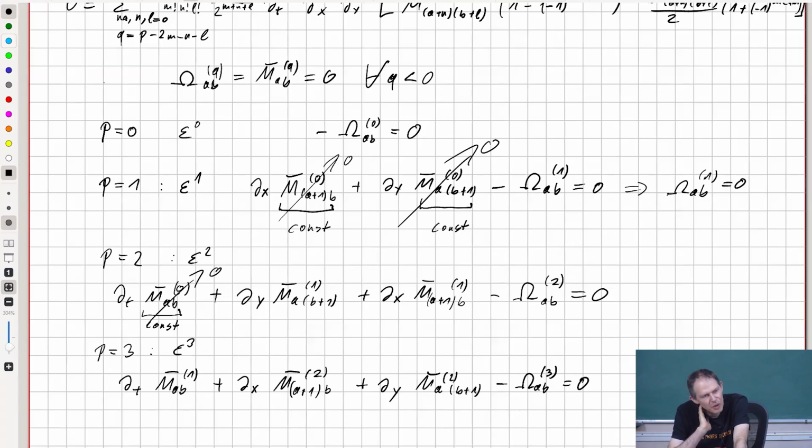What I'm not going to write here is that we would also get the second derivatives of a forced moment to 0 order. But we said that the moments at 0 order are constant, so I don't write out these higher derivatives of zeros, right? So this is the last equation that we get at third order, and here we have already the time derivative in it.